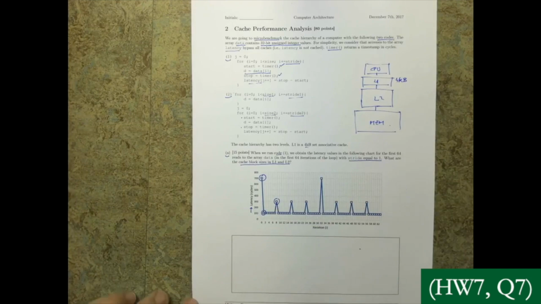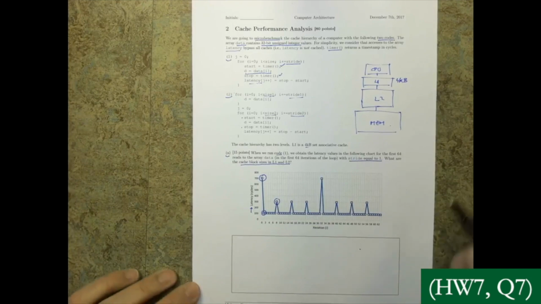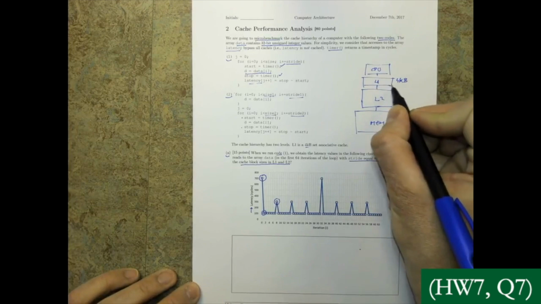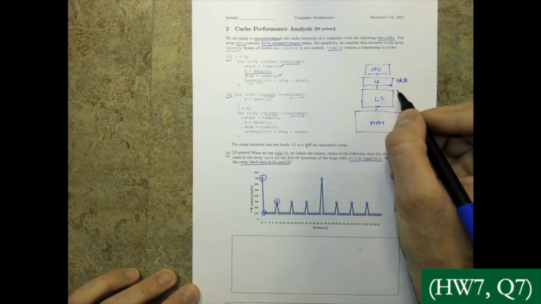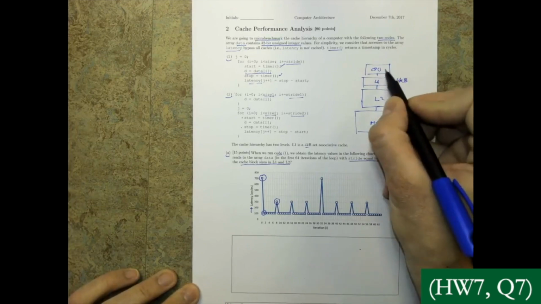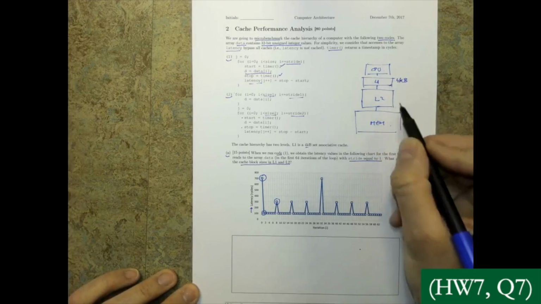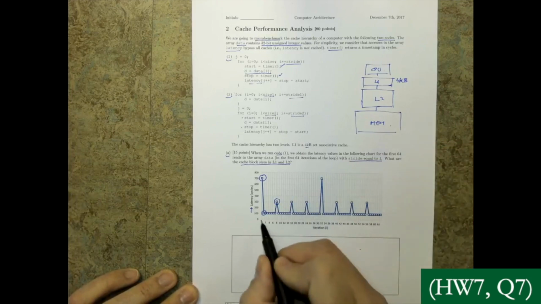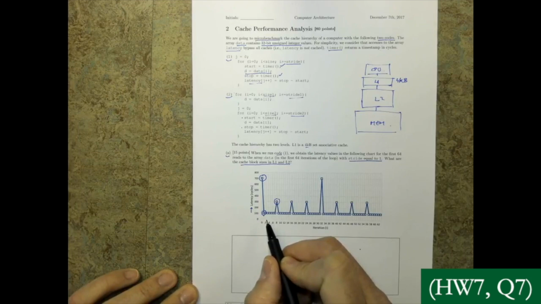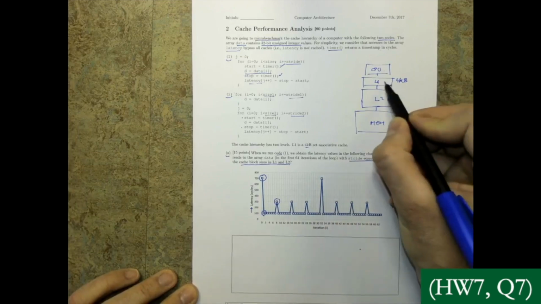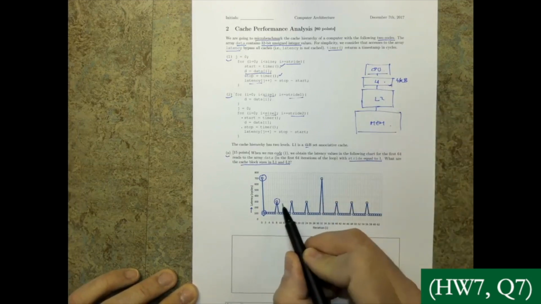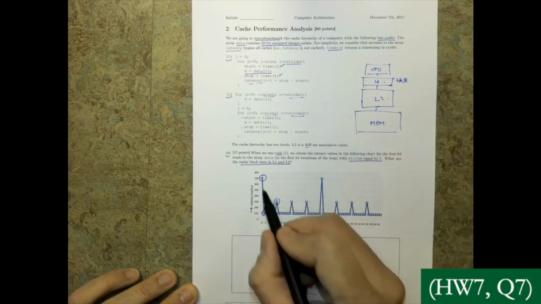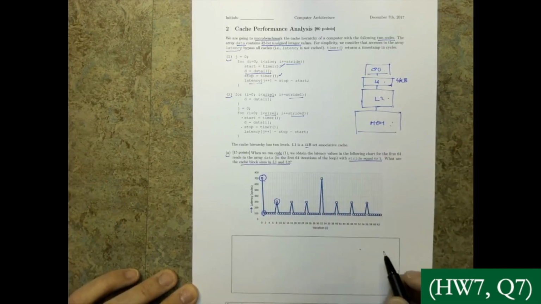So these give us an idea of which part of the memory hierarchy is being accessed. Obviously, L1 is closer to the CPU than L2, and L2 is closer than the main memory. So it is expected that the lowest latency, 100 cycles, corresponds to L1, the 300 cycles correspond to L2, and the 700 cycles correspond to the main memory.